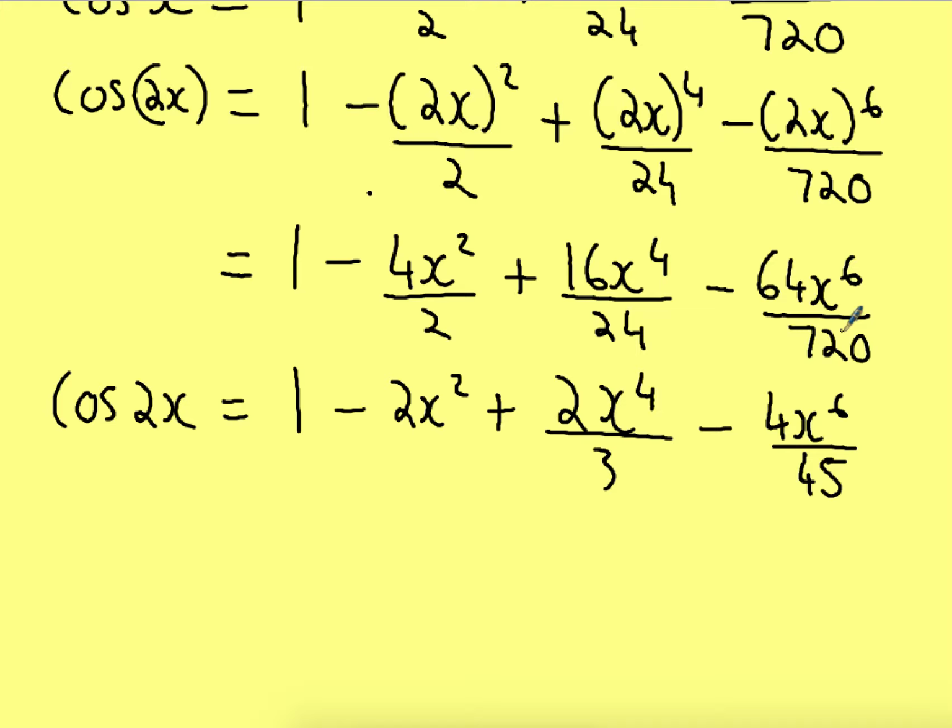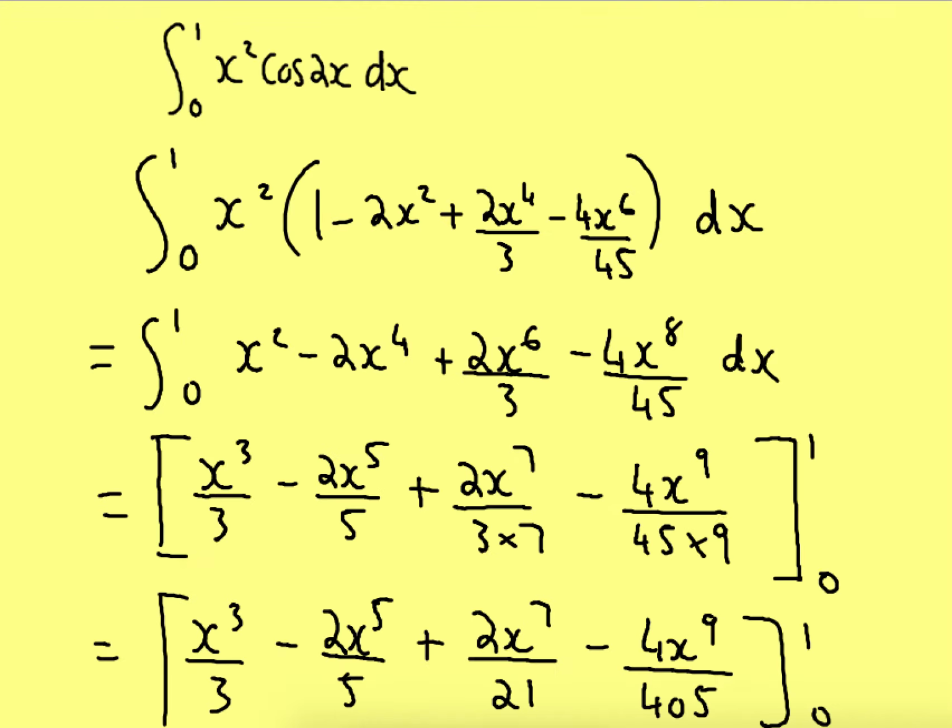Now, let's go on to the next bit. Part C was, hence integrate this thing here. I've already got an expansion for cos 2x, so that's going to make it easier, because otherwise I'd probably have to use integration by parts.